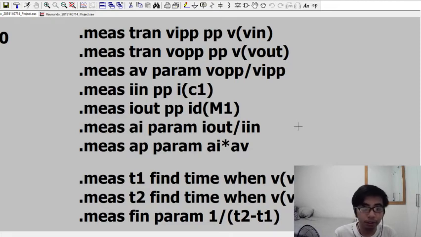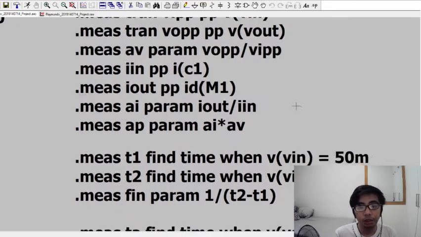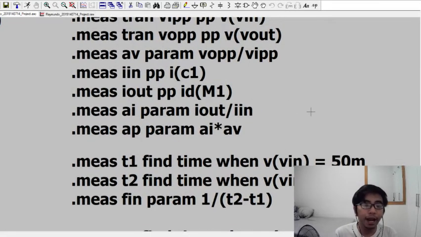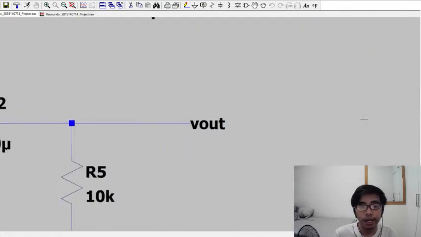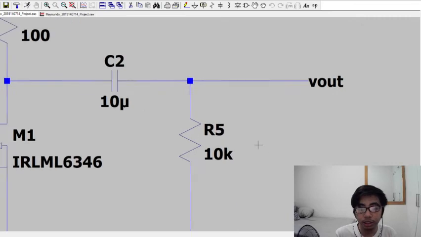For the input current peak to peak, we look at the IC1. For the I out peak to peak, we use the drain current of the MOSFET transistor.